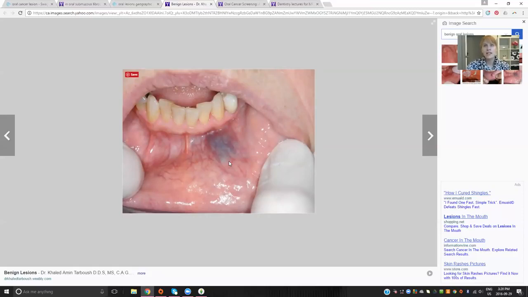So the patient has sort of a bruising of some kind on the inner lip. This could happen if they hit the outside of their face, perhaps. It could even kind of resemble an amalgam tattoo, but this person doesn't have an amalgam, so that's not the case here. But this is normal.